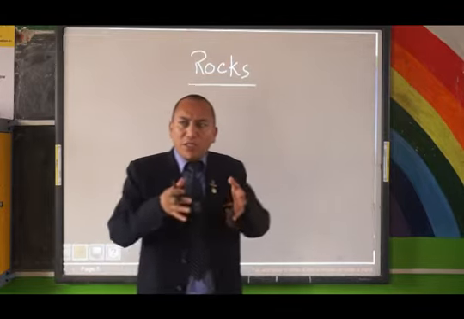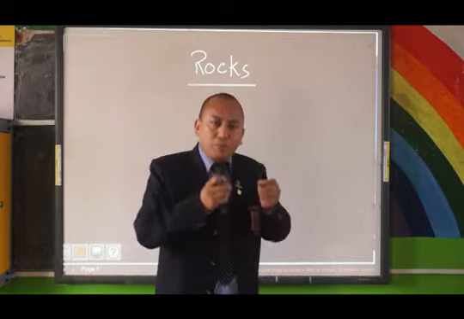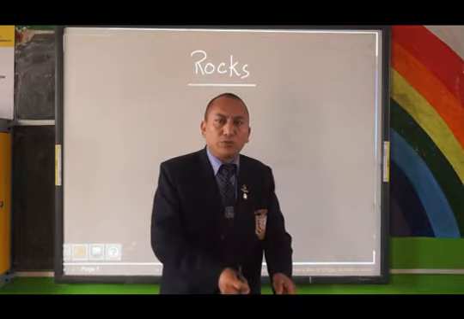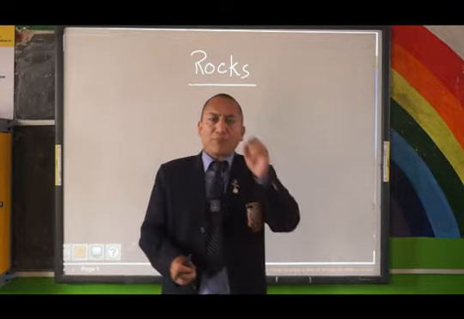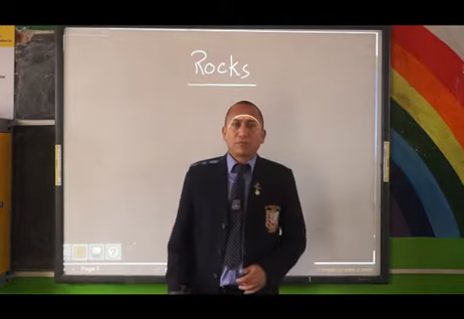Now if you go inside the earth's surface, suppose you go 16 kilometers beneath the earth's surface, more than 95% of the materials that are found in the earth's crust are rocks.